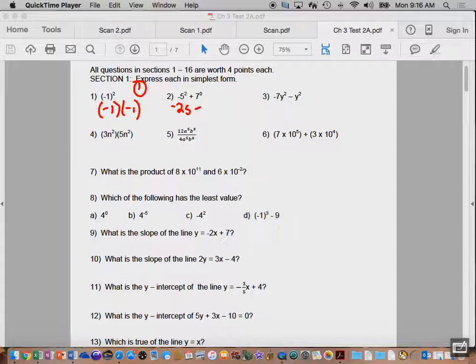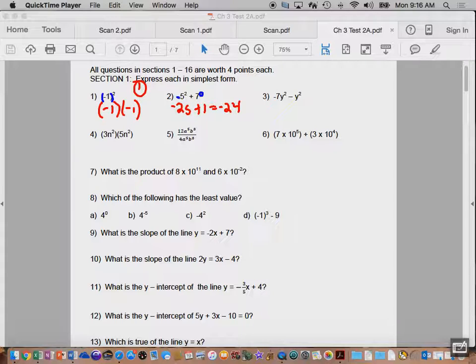Anything to the 0 power is 1, so -25 plus 1 is -24.